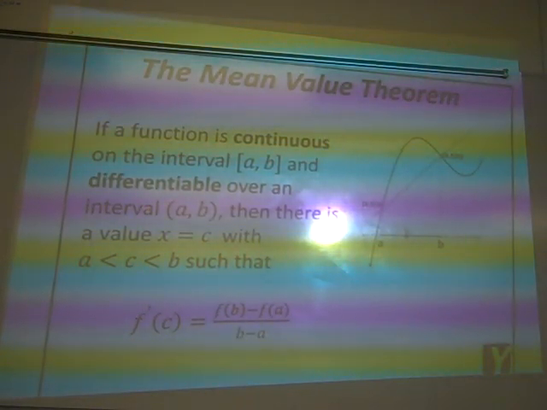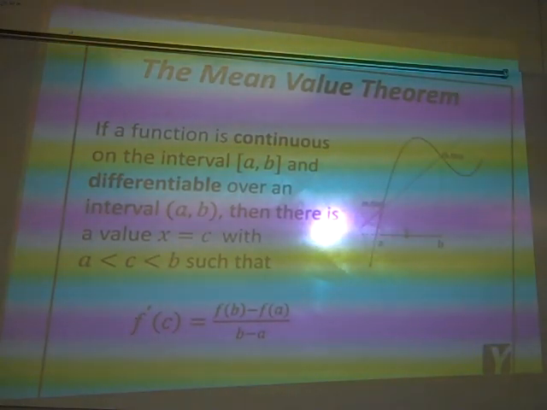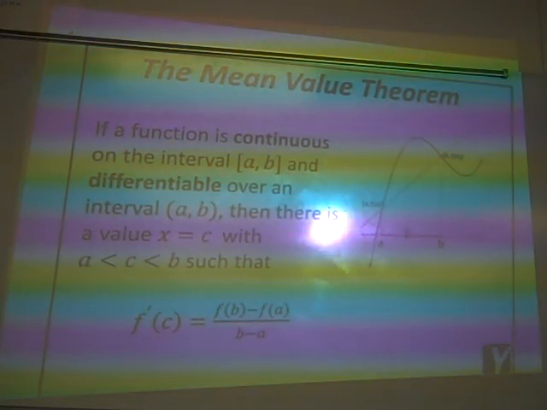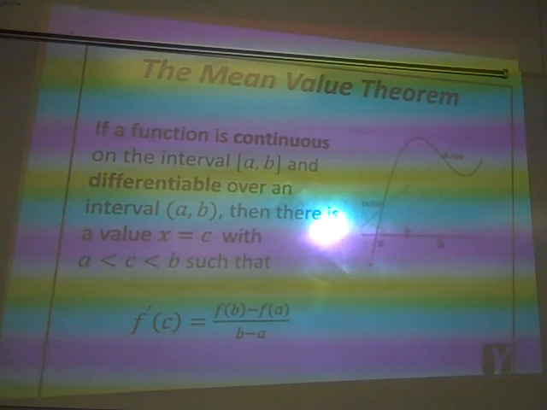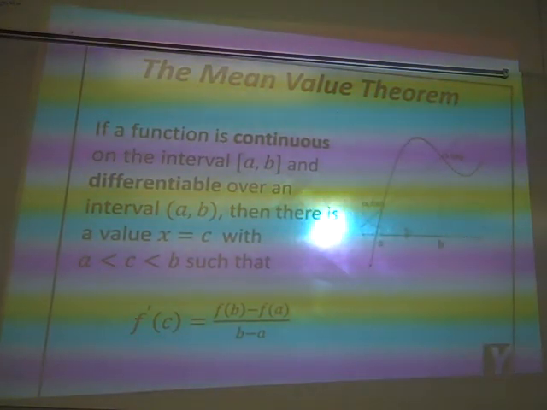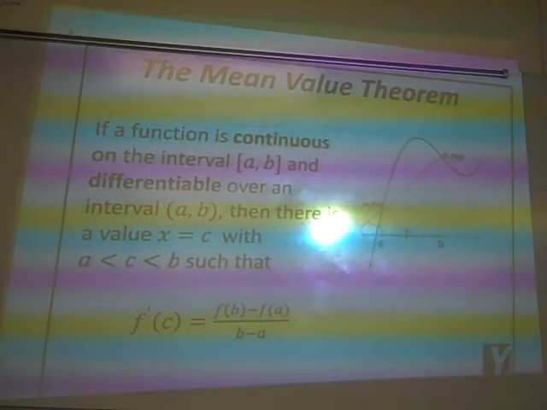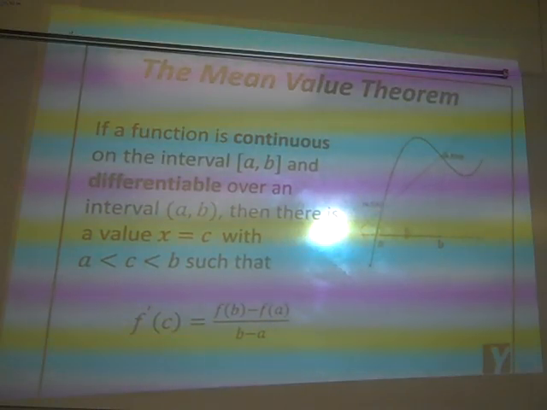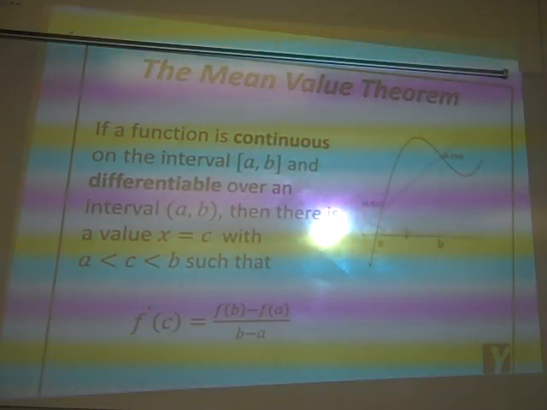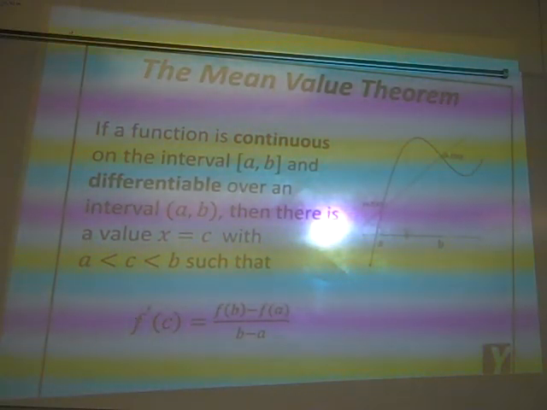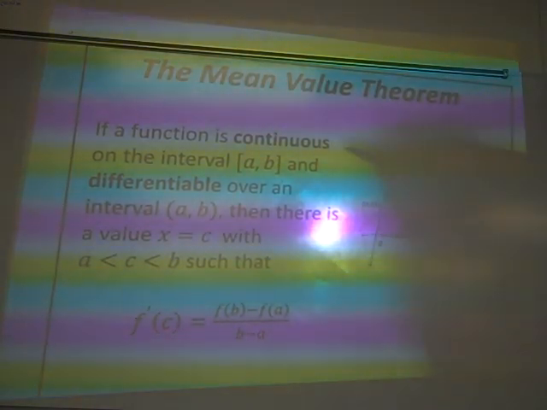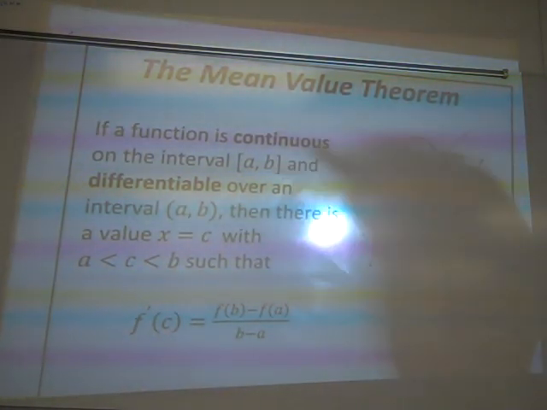Okay, that brings us to the mean value theorem. Couple of things to make sure if you are going to apply the mean value theorem, or if you are tempted to apply it, you must show or know that the function is continuous on the closed interval. So continuous, no holes, no jumps, no breaks, no vertical asymptotes.